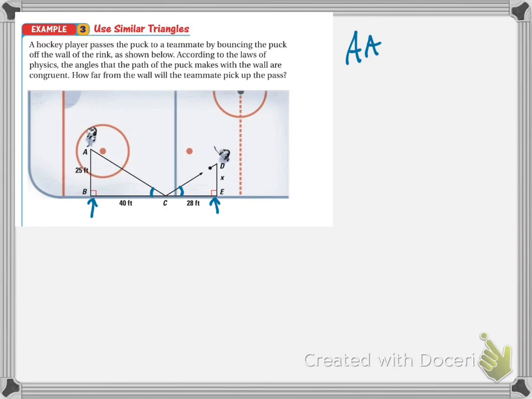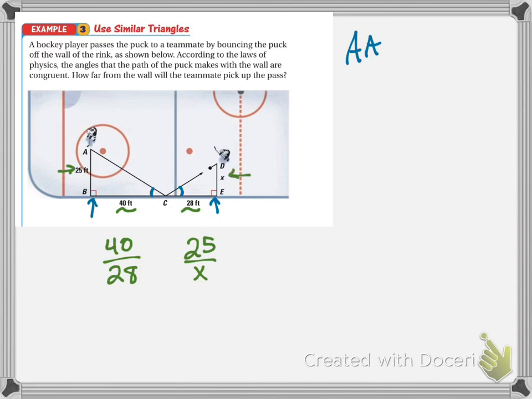So I'm going to say that 40, or that length BC, corresponds to CE. So I write a ratio 40 over 28, and the second ratio is going to be 25 over x, because this length corresponds to that length.